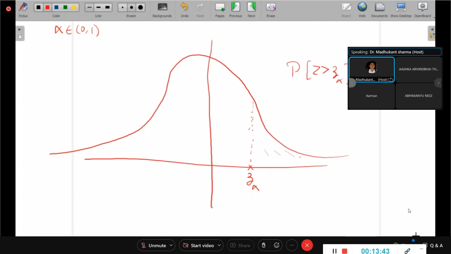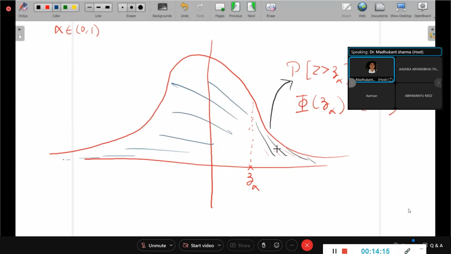In other words, if this area is alpha, then phi of Z alpha is 1 minus alpha. This area is given by this, and the rest of the area is given by this.